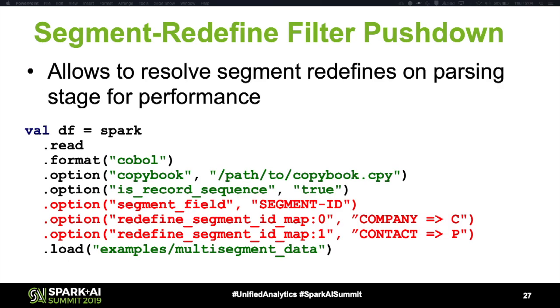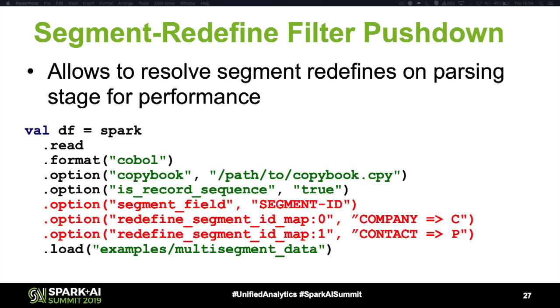And there is one additional option that you can use, which allows you to increase performance, especially if your copybook contains a lot of segments. In our example, we had only two segments, a root segment and a child segment. But what would you do if your copybook contains dozens of segments?